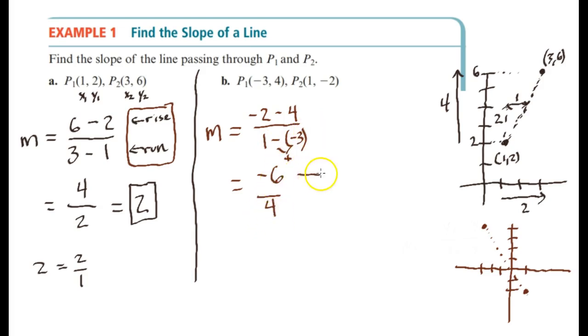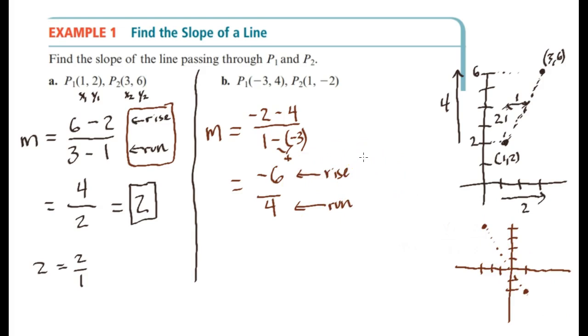So in this case, our rise is negative and our run is positive, which makes sense with a negative slope. Now, it is possible to have a negative slope with the rise being positive, but then the run will be negative. It'll be opposite signs. But in this case, we have a negative rise and a run that's positive.